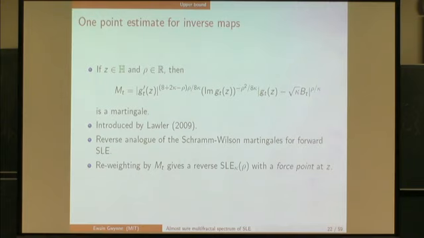So we can say exactly what law we get when we reweight by this martingale M_t, and this is the curve whose law is equal to the law of the reverse SLE reweighted by this martingale. It's what's called an SLE kappa rho with a force point of weight rho at the point z.